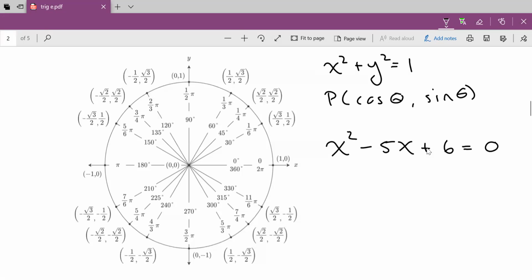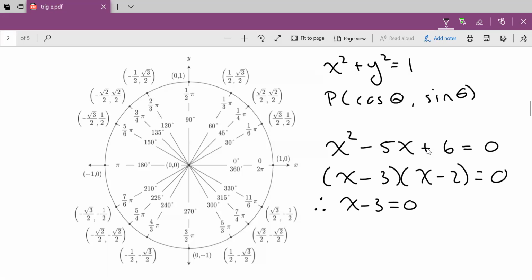And to solve it, what I liked to do a lot in grade 11 was to factor. And once I was able to factor, I was able to use the zero product property to say that either this one's equal to 0 or this one's equal to 0. So therefore, x was 3, x was 2.